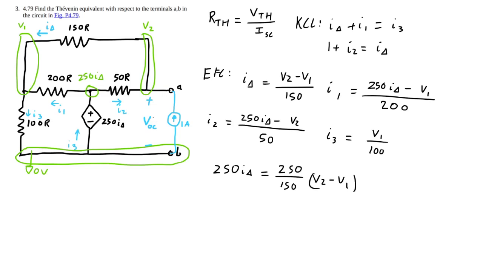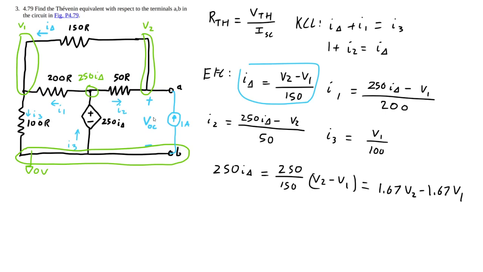That's coming from that expression I delta right here. So that's going to be 25/15, so 5/3. So 1.67 V2 minus 1.67 V1. Okay, so let's go ahead and start doing the analysis.